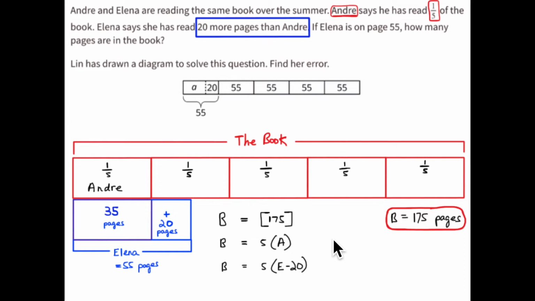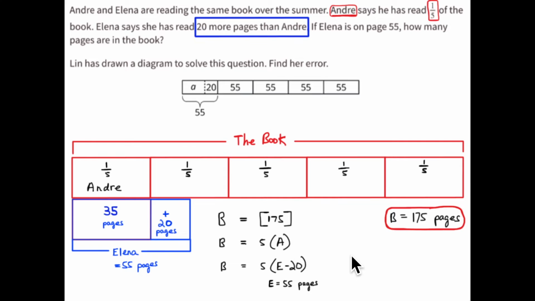And now using the relationship between Andre and Elena, Elena read 20 pages more than Andre. That means that Andre read 20 pages less than Elena. So that's that inverse relationship. Elena minus 20 is the same as what Andre read. And the book is 5 times the number of pages that Andre read.